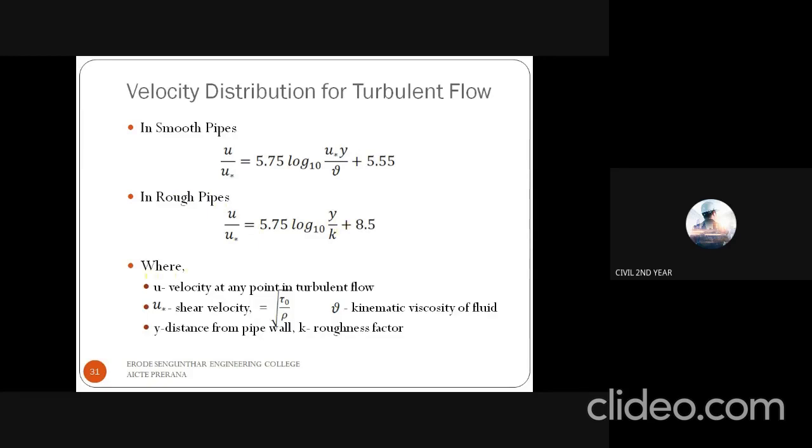In these equations, U is the velocity at the point in turbulent flow, U star is the shear velocity, equal to square root of tau naught divided by rho, nu is the kinematic viscosity of the fluid, Y is the distance from pipe wall, and K is the roughness factor. These are the data we consider for solving the Darcy-Weisbach equation for smooth pipe as well as rough pipe.